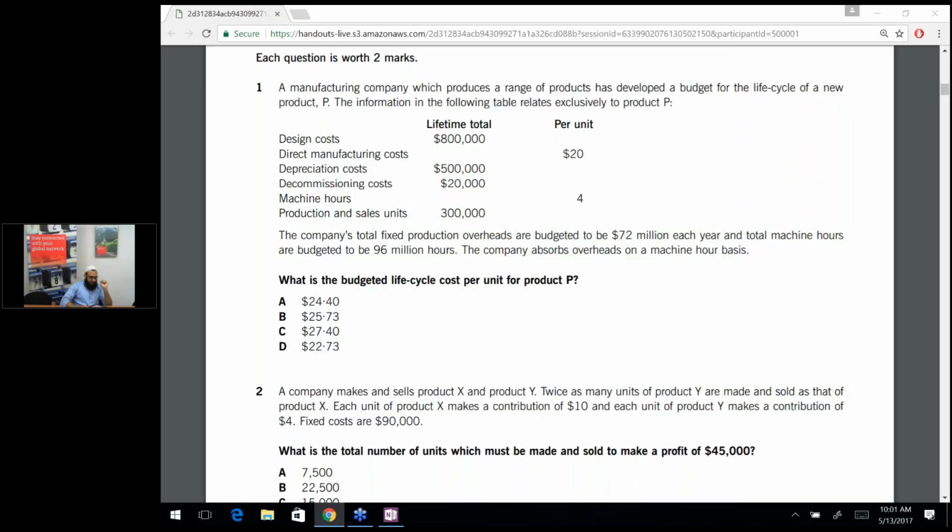So, again, I'm here today for the debrief session of the upcoming paper of F5, and this debrief session will actually be focusing more on MCQs because MCQ solving technique is very important.